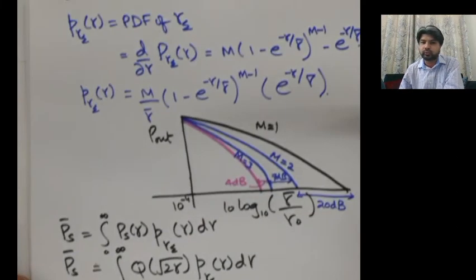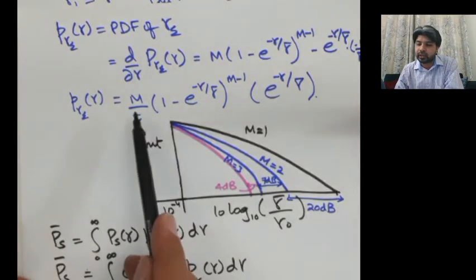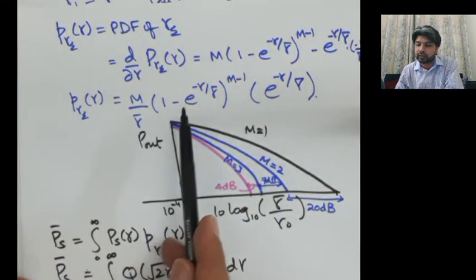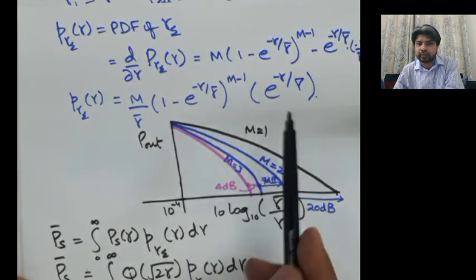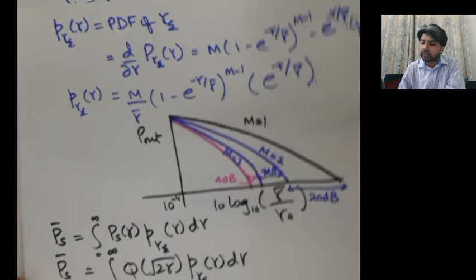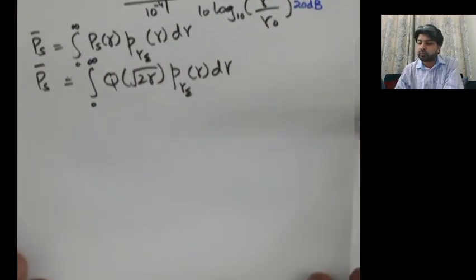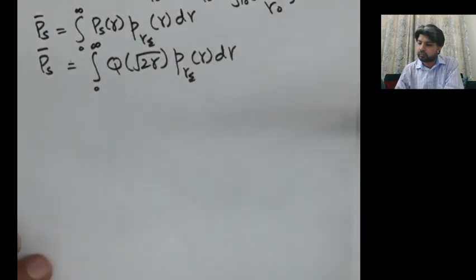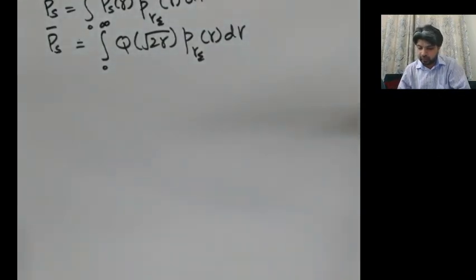So the distribution of gamma sigma is this complex looking equation: m over gamma bar, times 1 minus e to the power minus gamma over gamma bar to the power m minus 1, times e to the power minus gamma over gamma bar. This is a complex looking expression, but if you simulate this using Monte Carlo simulations, you again get very encouraging signs.